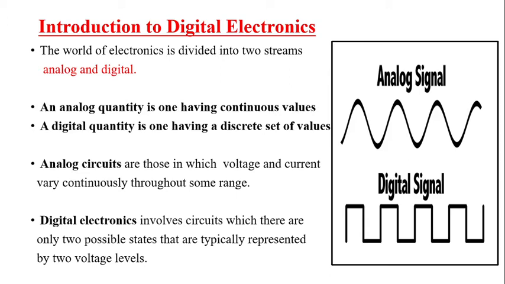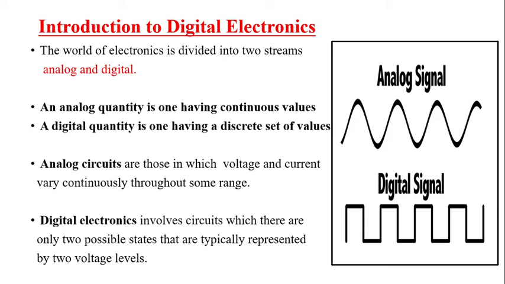One can take an example of analog and digital devices. Let's take the example of a thermometer, the mercury thermometer, and also the digital thermometer. So all this world of electronics is divided into two streams, mainly analog and digital.